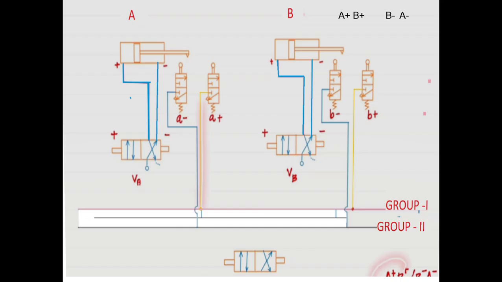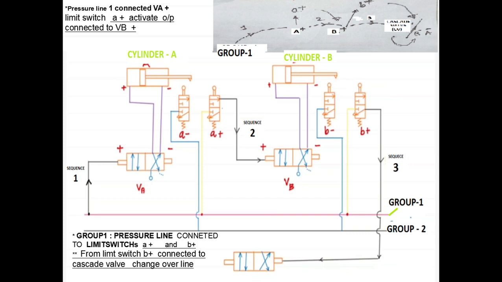Similarly on the right side, B plus is in group 1, so that will be connected to limit switch 2, and B minus is connected to group 2. At the bottom we have shown the cascade valve. So here we have shown how exactly the pressure line is connected in this particular system. Now we can see the sequence of operation.